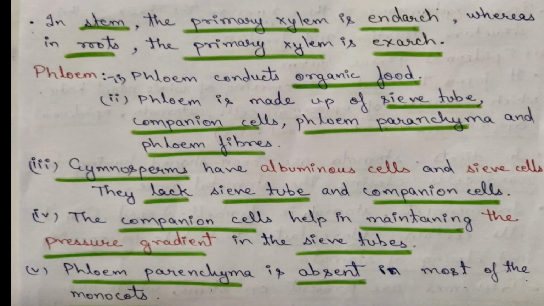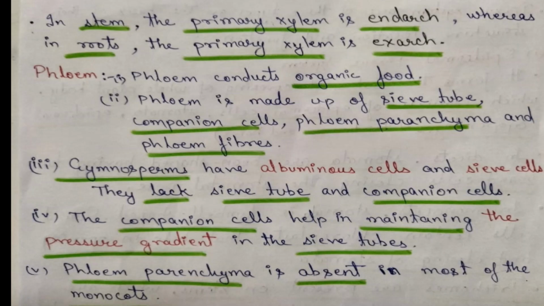In stem, the primary xylem is endarched, whereas in root the primary xylem is exarched. So what does endarch mean? Protoxylem is the first formed primary xylem. When protoxylem lies toward the center, or you can say pith, and metaxylem, which is later formed primary xylem, lies toward the periphery, then the condition is known as endarch and it is seen in stem.